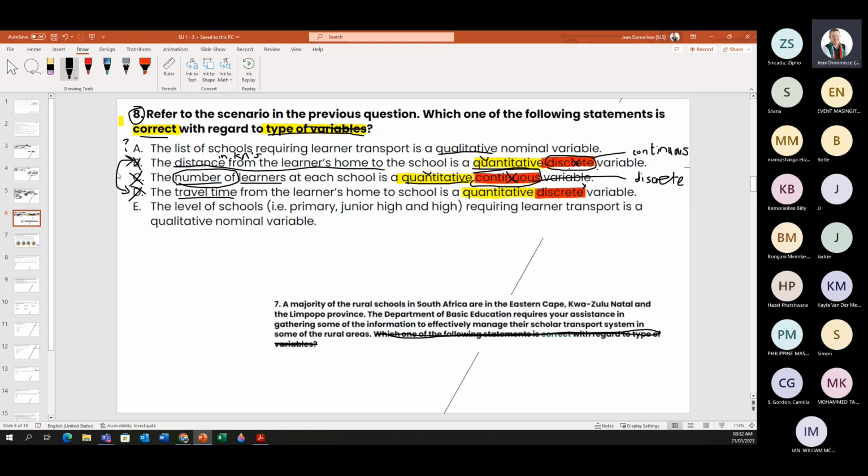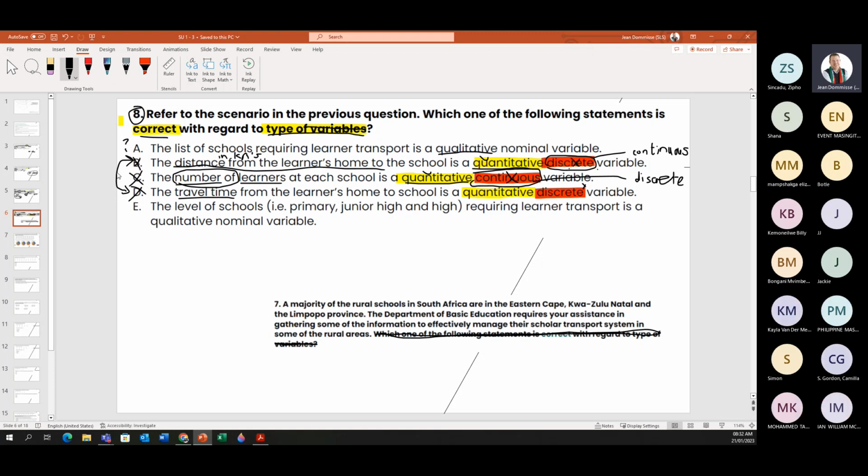They need to say for those two if it needs to be continuous or discrete. They need to say for B the distance in kilometers, and for time they need to give you a measurement. So the travel time in seconds, minutes, hours, days, whatever. Okay. Then let's look at E.